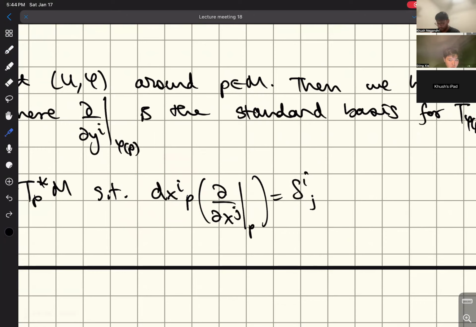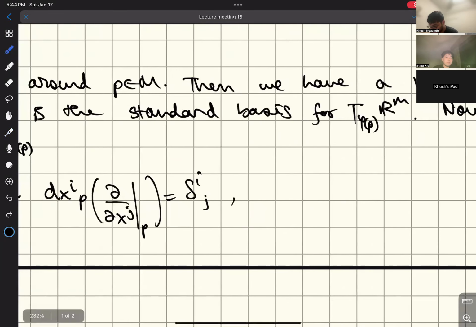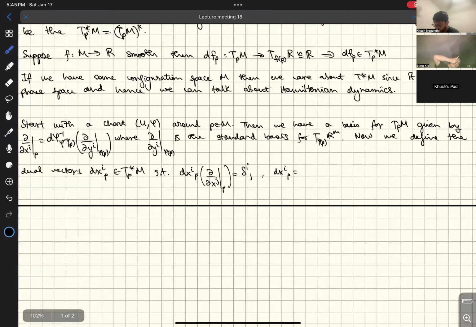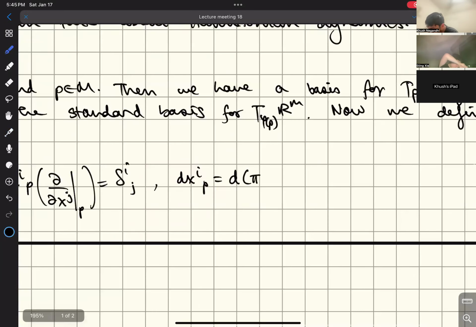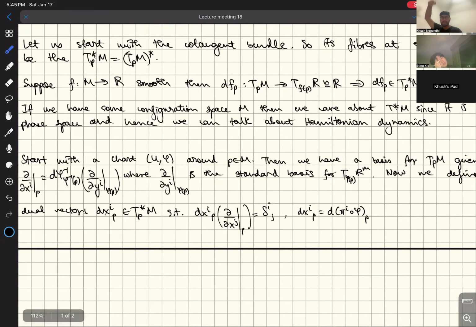One thing to note about this is that dx_i at P is nothing but d of pi_i composed with phi at the point P. So you take your chart, you map it over, and then you project down.